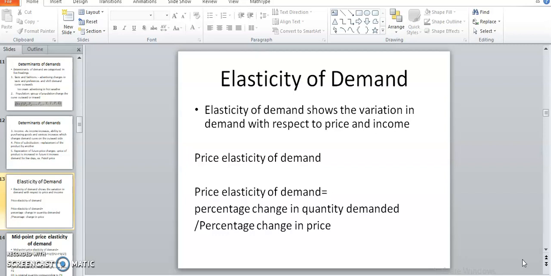Variation in demand with respect to price and income is nothing but the elasticity of demand. First we consider the price elasticity of demand, the elasticity of demand based on price, and then we can go toward the elasticity of demand based on income.